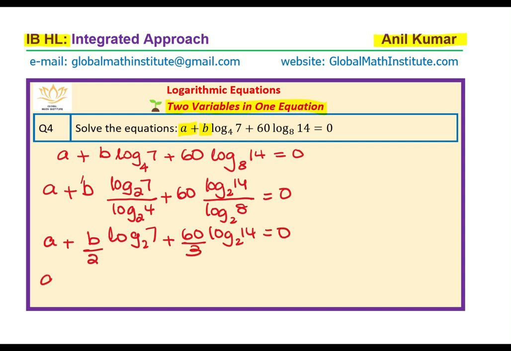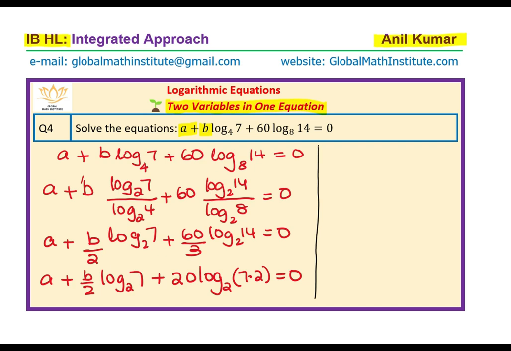Let's simplify. We get a plus b over 2 log to the base 2 of 7 plus 20 log to the base 2 of 14. Now 14 can be written as 7 times 2. You get the whole idea, right? So 14 we write as 7 times 2, equals 0.